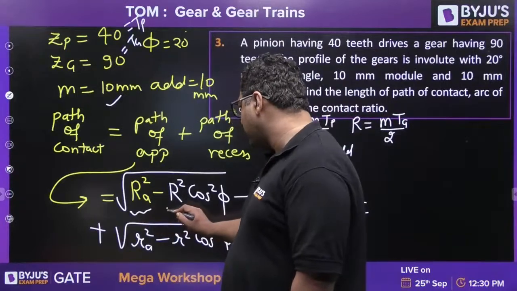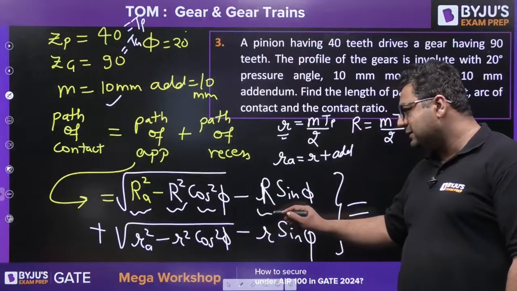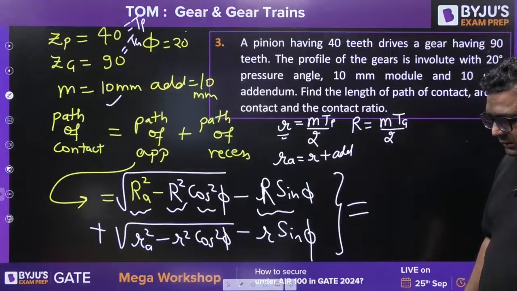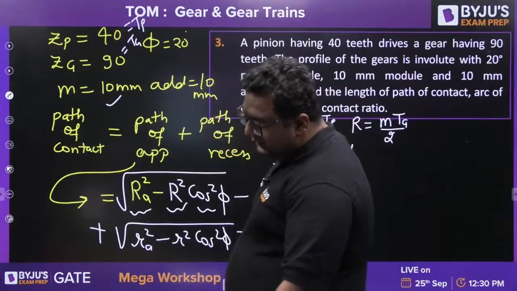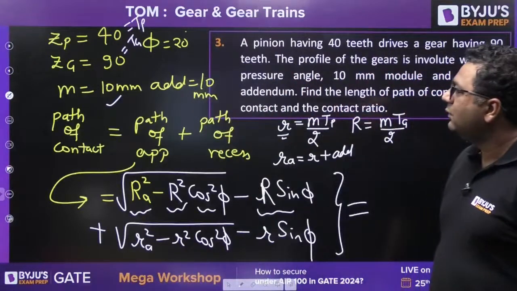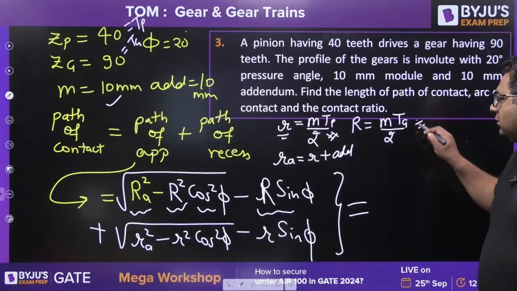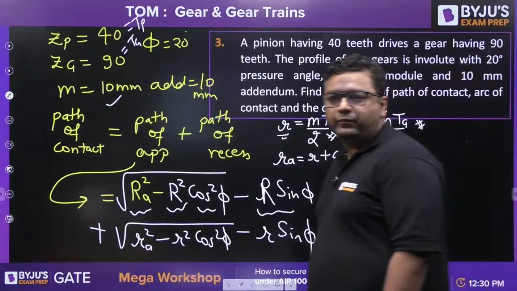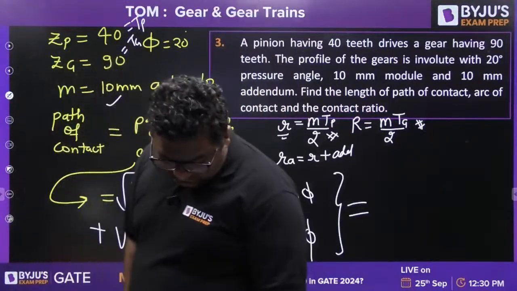RA square minus R square cos square phi minus R sin phi. Yes. You know that radius can be found out using this. Okay, Manas is saying 38.069.